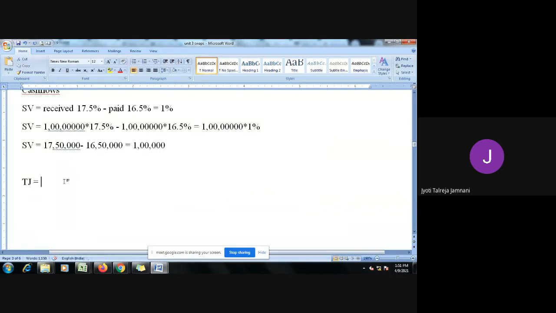It would have paid 20% without swap. So 20% of 1 crore minus what it has actually paid. It has paid 19%. So of 1 crore, let's calculate 19%.